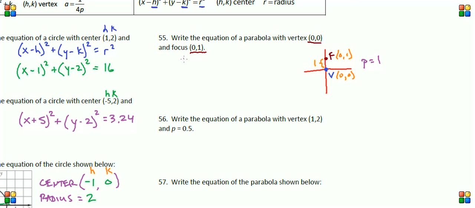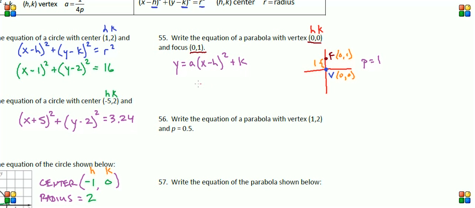Okay, let's start to write our equation. We know that the equation for a parabola is y equals a times (x minus h) squared plus k. And we know what our h and k are. We know our vertex is (0, 0). That means h is 0 and k is 0.